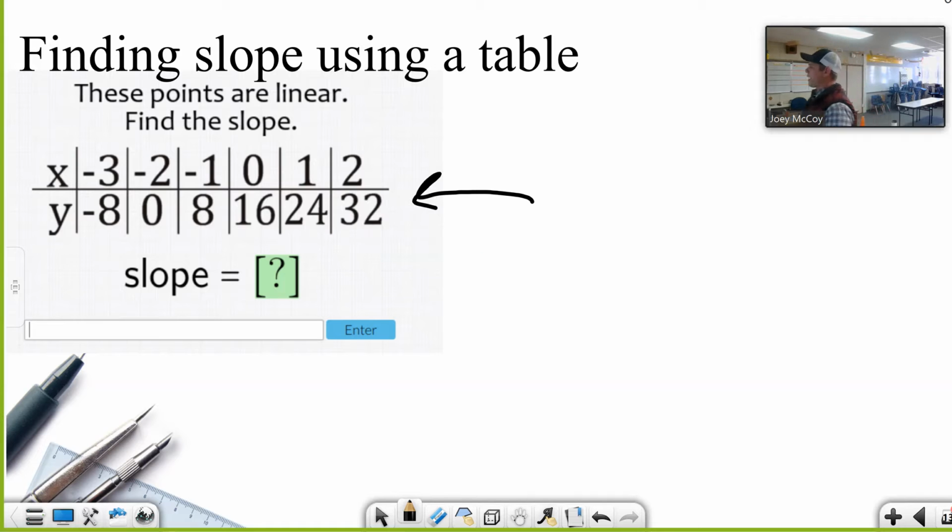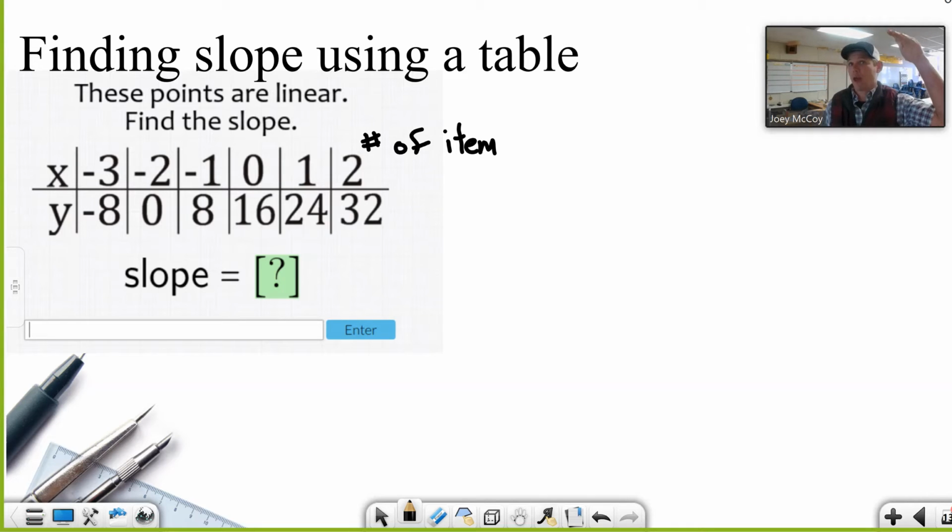Okay, so I'm going to go ahead and take my y value because in this case, this would be like the number of item, like the number of boxes of cereal, the number of gallons of gas, the number of anything that you are counting, okay?